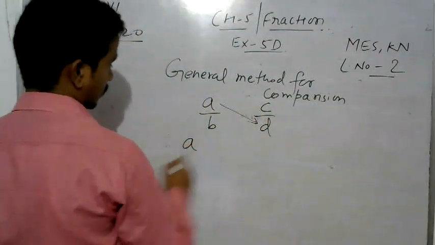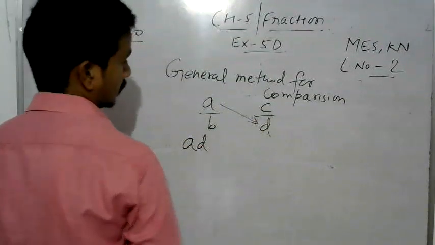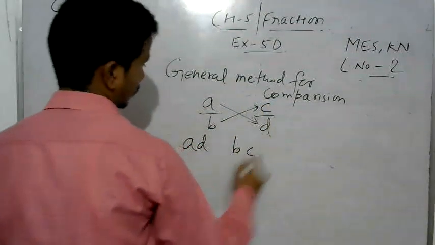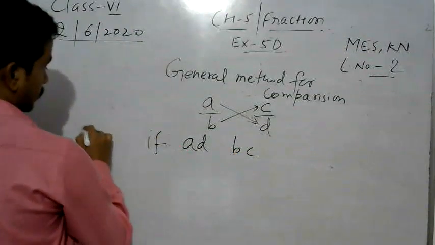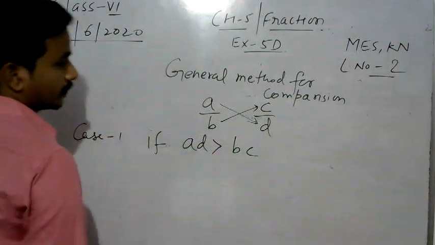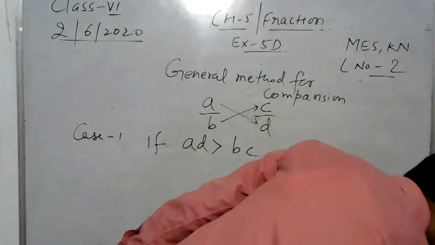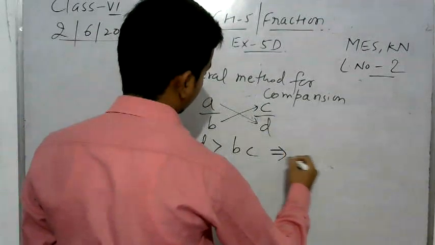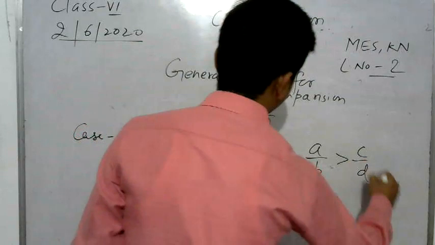Find AD and find BC. If AD is greater than BC, then this implies a by b will be greater than c by d.